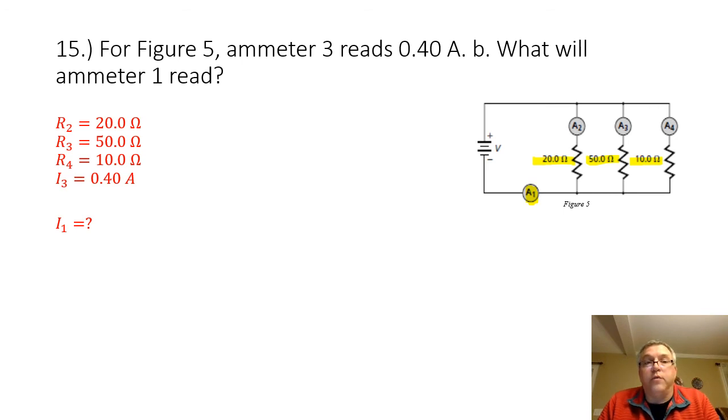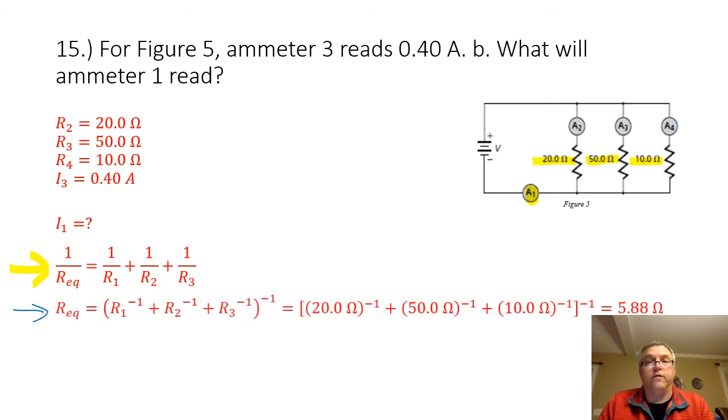But to find the current going through ammeter 1, we're going to need to find the equivalent resistance of the circuit. And that's actually going to be the same as in the previous problem, because again, we haven't changed our resistances at all. So to find the equivalent resistance, I know that the inverse of the equivalent resistance is going to equal the sum of the inverses of the individual resistors. And we are going to put that in our calculator-friendly format. We're going to substitute in our 3 resistors.